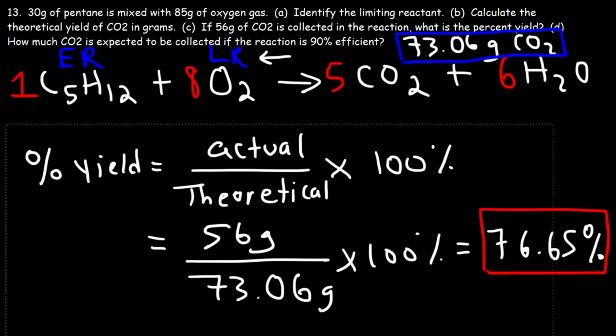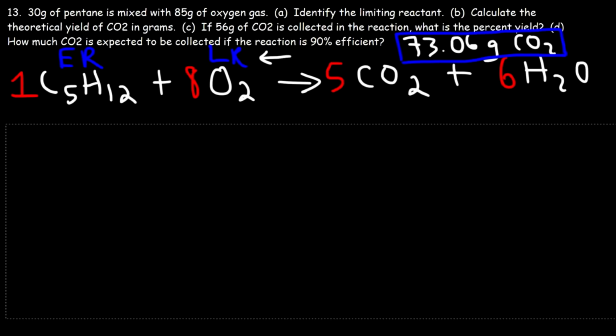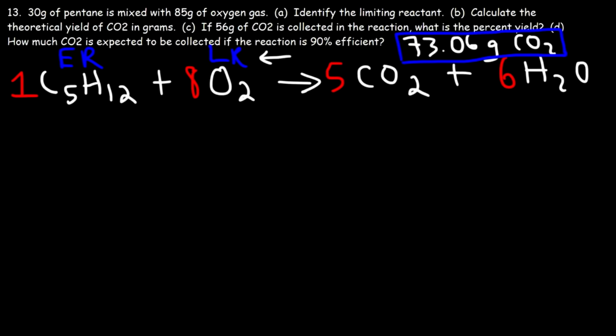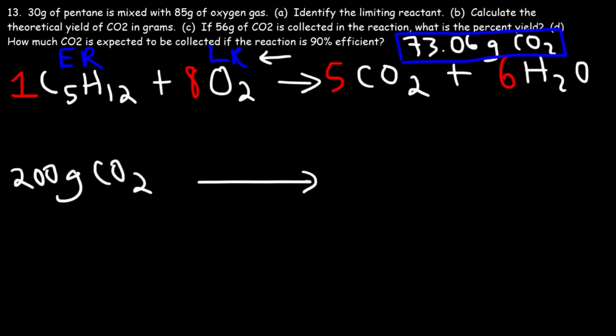Now let's illustrate the relationship between the actual yield, theoretical yield, and percent yield using numbers. So let's say that the theoretical yield of CO2 is 200 grams. That is the maximum amount of CO2 that we can possibly get in this reaction. This is the ideal amount, the most we can get. And let's say the percent yield is 80%.